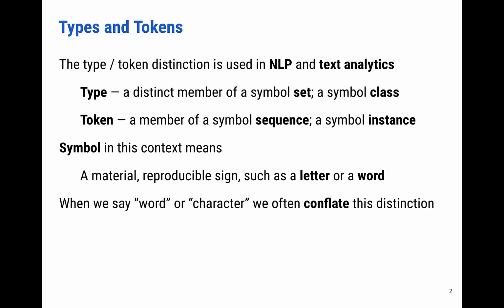We often say, when we're talking about word tokens, we often use the word word to describe a word, or the word character to describe a character. And when we do so, we often conflate the distinction between the word type and the word instance, or the character type and the character instance. It's often important to understand this distinction, but at the very least, it's also important just to know what these words mean when I use them going forward.